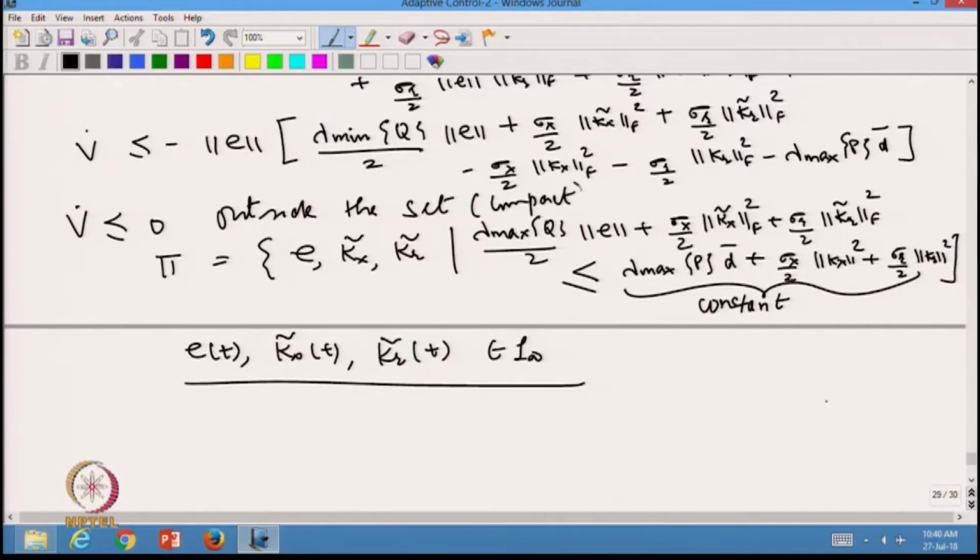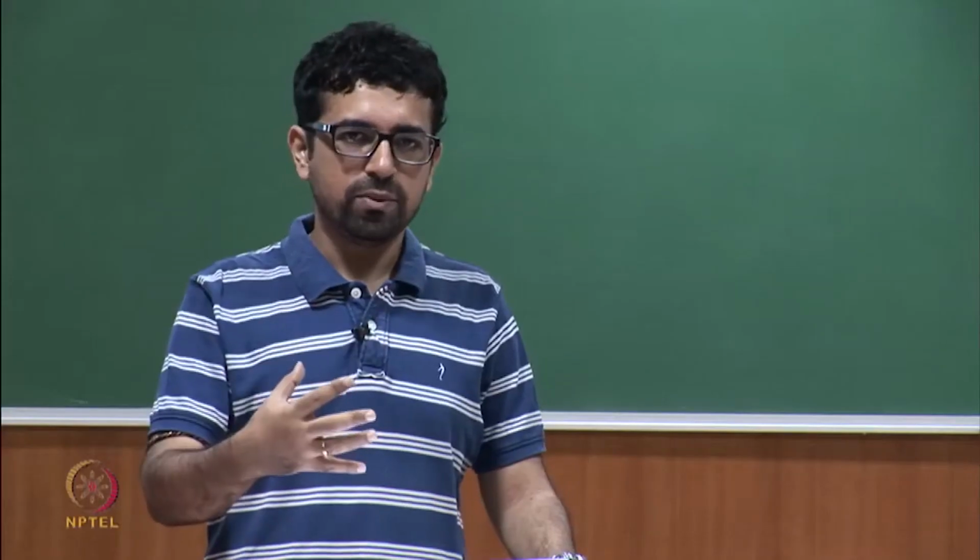Let us just mention that here. So, if you start outside this set, then we know that V dot is less than equal to 0, which means, since V is positive and V dot is less than equal to 0, that V is bounded, which means that E is bounded and kx tilde is bounded and kr tilde is bounded.